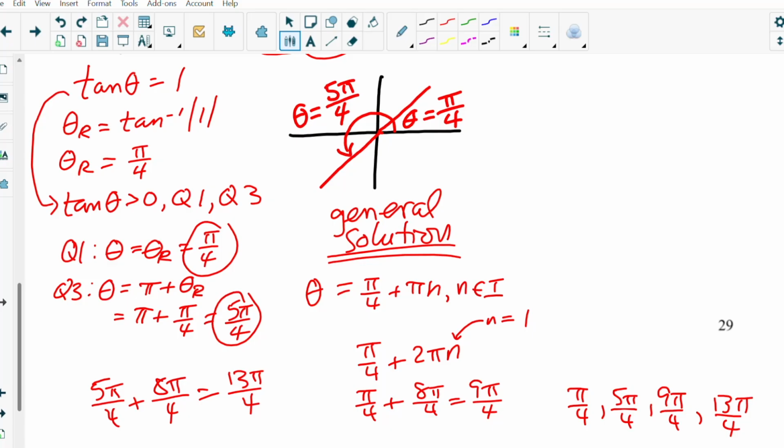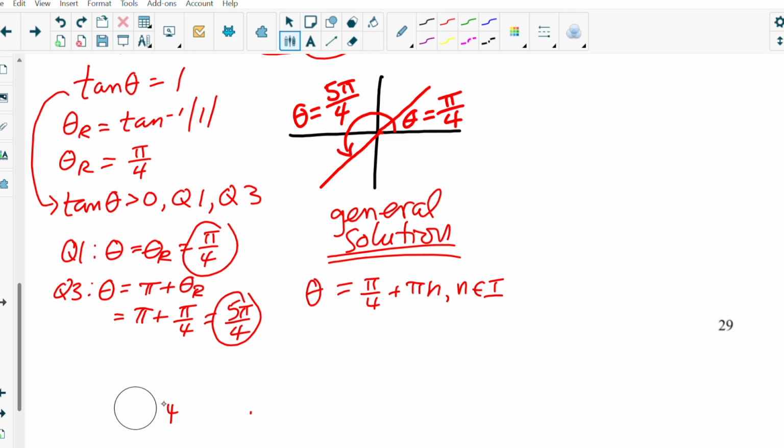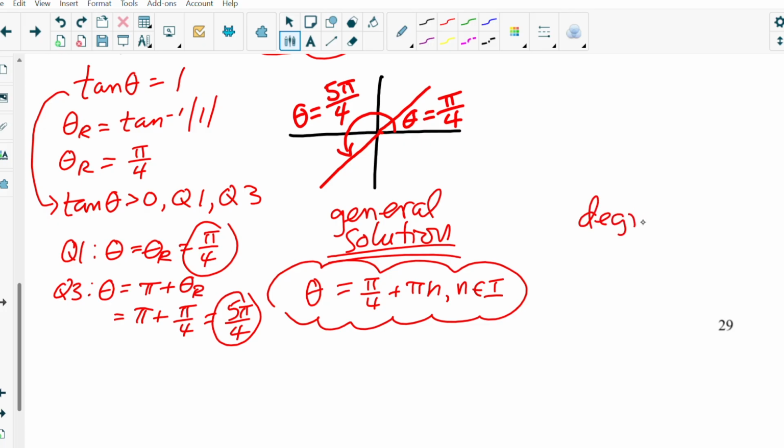It's a lot easier if we just vary it by pi and simplify the solution. So taking all of this out, we can simply state this as our solution. It's just a lot cleaner to show your work that way.